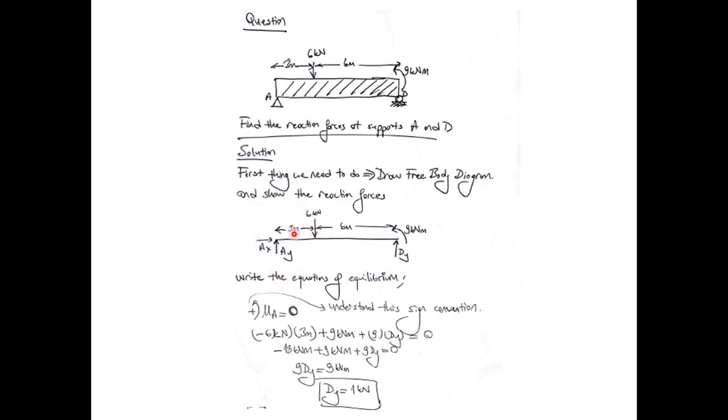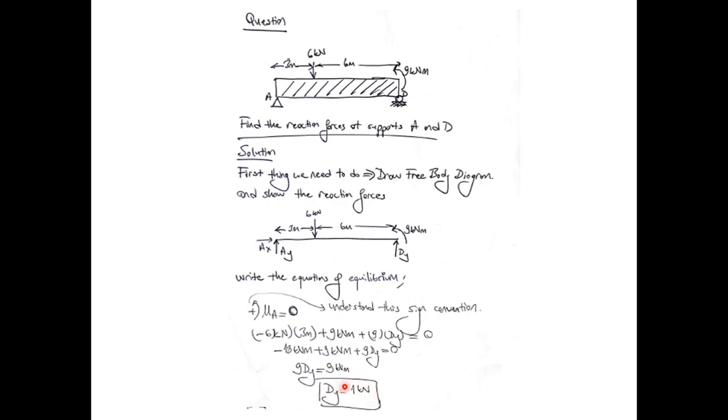The forces at point A create no moment on the system because the moment arm for the forces at A is equal to 0 since we are taking moments with respect to point A. So when you solve this very simple equation, we get DY as plus 1 kilonewton.